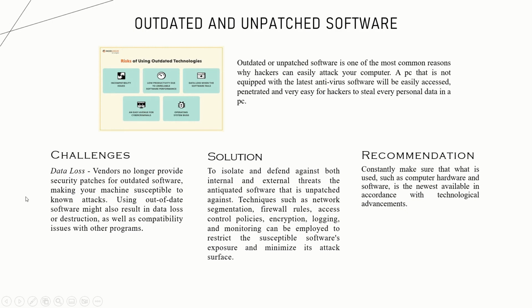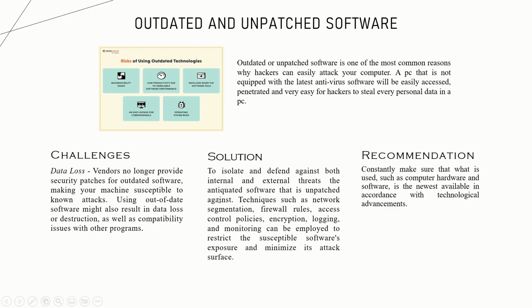Data loss. The vendor no longer provides security patches for outdated software, making your machine susceptible to known attacks. Using out of date software might also result in data loss or destruction, as well as compatibility issues with other programs. So we're going to the solution: to isolate and defend against both internal and external threats.